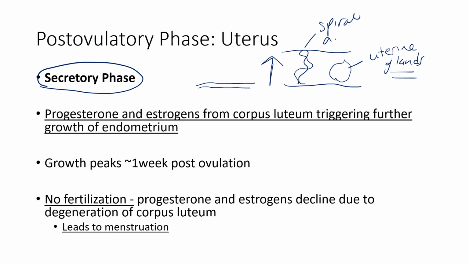So corpus luteum degrades, progesterone and estrogen levels decline. And what happens is these spiral arteries, they're going to constrict and they're going to stave off blood flow to this whole layer. And so because of that, it becomes necrotic and dies. And that's why you get the sloughing off.